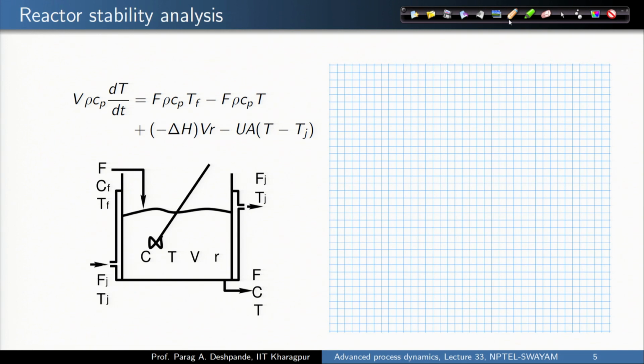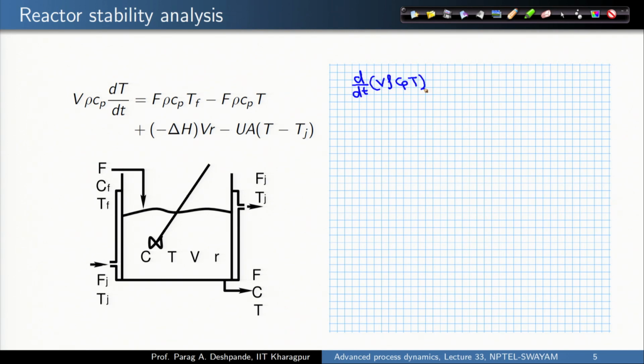So, if m Cp T is the energy content of your system, then I can write d by dt of V times rho, Cp times T as the change in energy of the system.